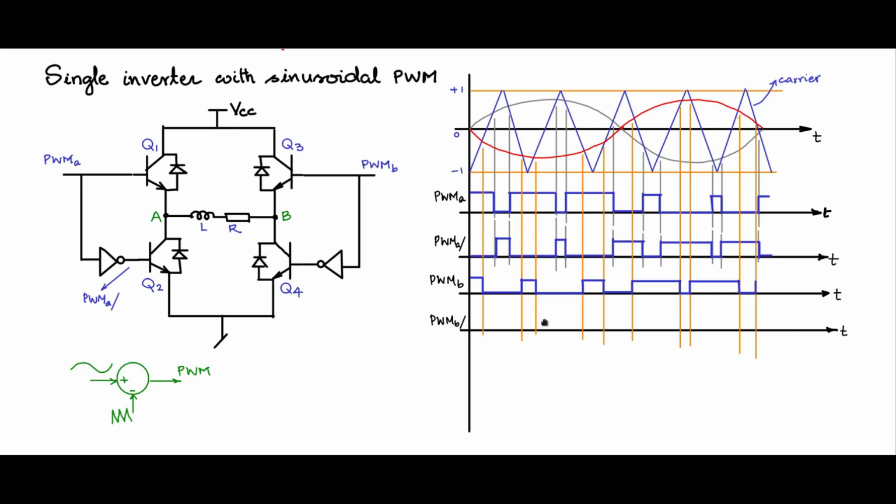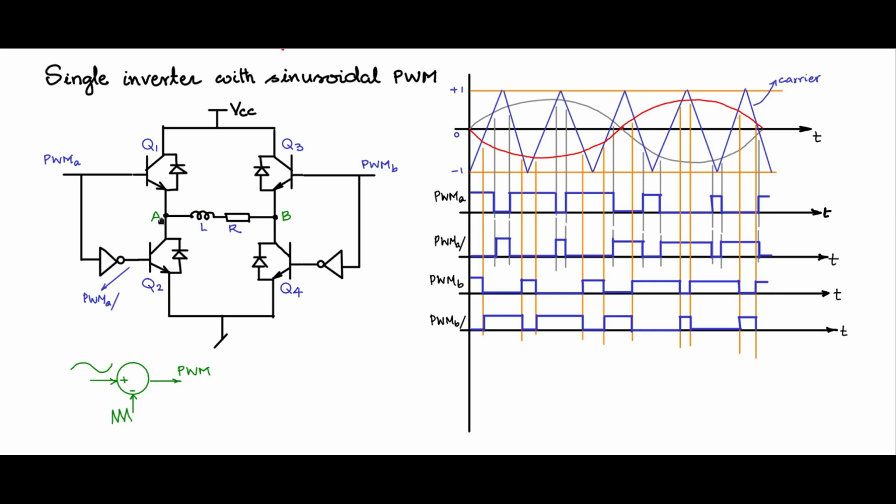So PWM B bar can be obtained by basic inversion. Let us invert PWM B to obtain PWM B bar. This is simple. So now you have PWM B and PWM B bar. So all the switches Q1, Q2, Q3, Q4 have the pulses in this fashion.